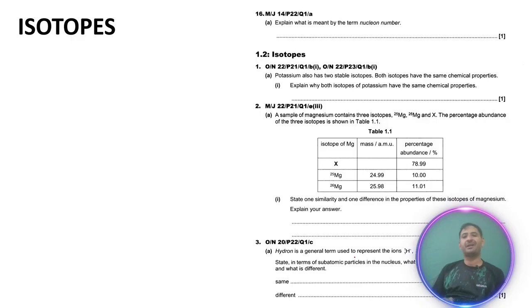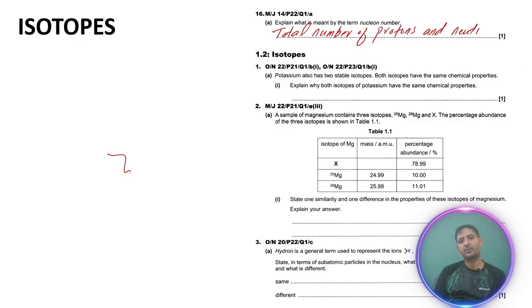The total number of protons and neutrons in the nucleus of an atom. Potassium also has two stable isotopes.